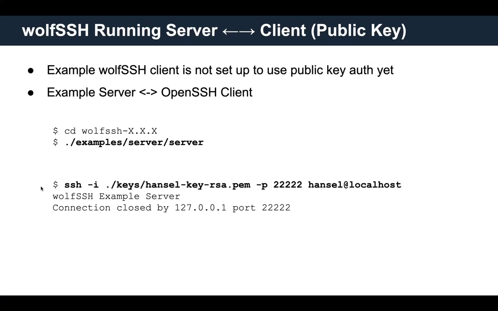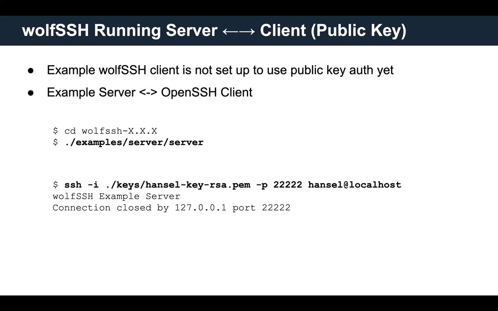And an example of it handling public key authentication. We have a couple of example keys in our keys directory, one of those being the hansel-key-rsa.pem. So the example server has that hard-coded as being accepted.